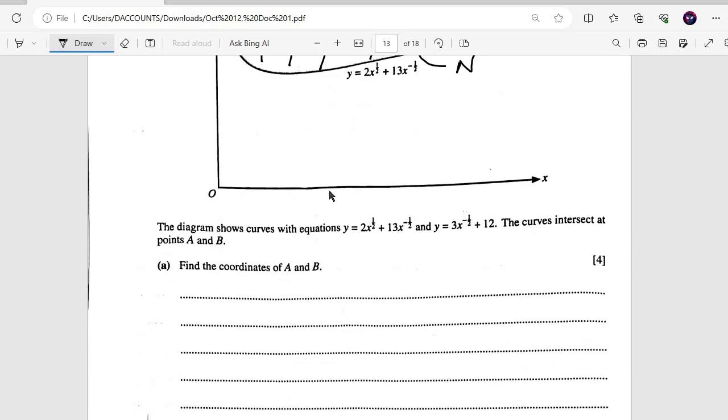The first question, the diagram shows the curves y equals 2x to the power half plus 13x to the power minus half, and y equals 3x to the power minus half plus 12.